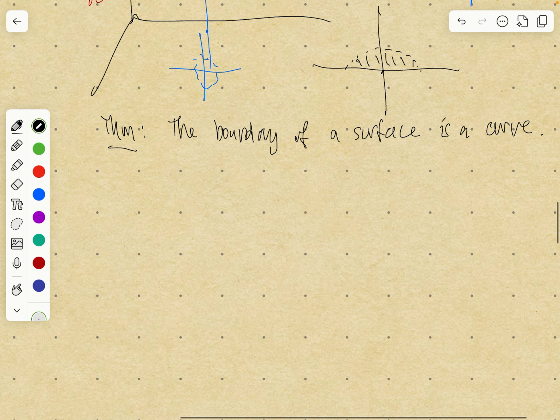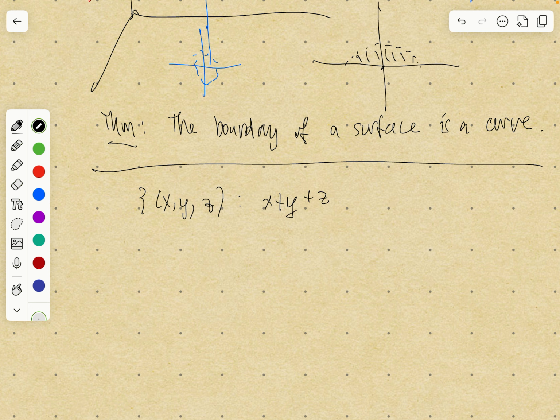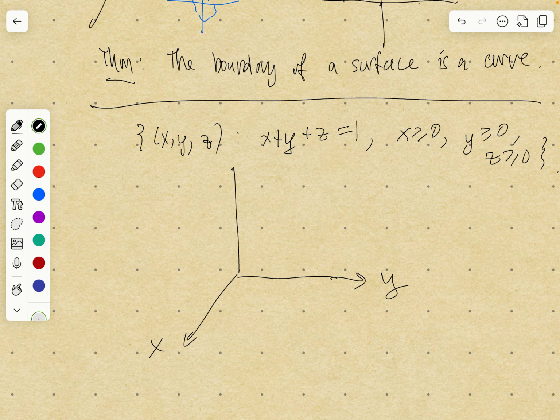And maybe we'll do one more example. So suppose that you had the set of x, y, z such that x plus y plus z is equal to 1, and x is greater than or equal to 0, y is greater than or equal to 0, z is greater than or equal to 0. So what that would look like is, here's the x-axis, positive x direction, positive y direction, positive z direction, and then you have this plane.